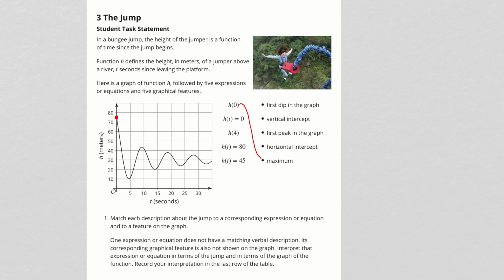Okay? That is our maximum because... Oh, no. That's not going to be our maximum. That's going to be our horizontal intercept. Because... You know what? My brain is not working today. That's our vertical intercept, right?